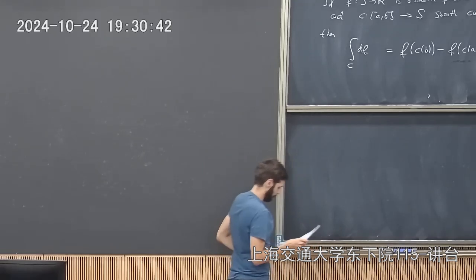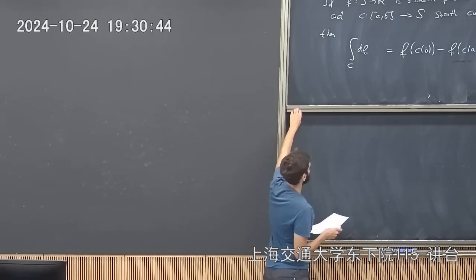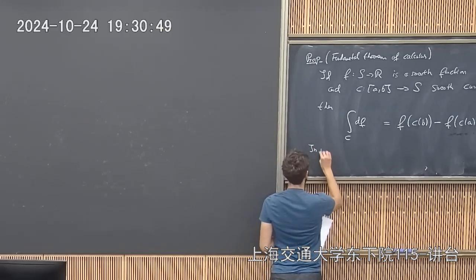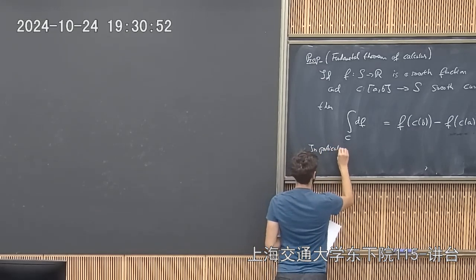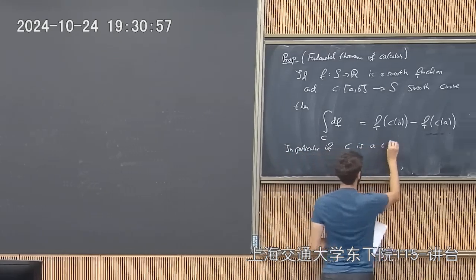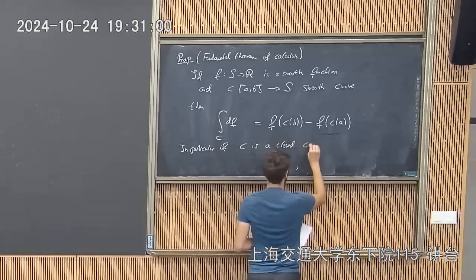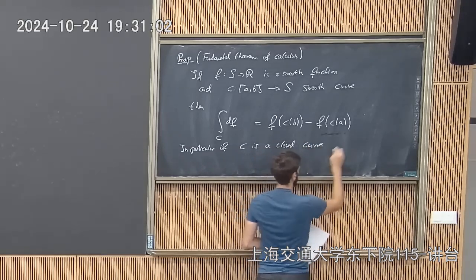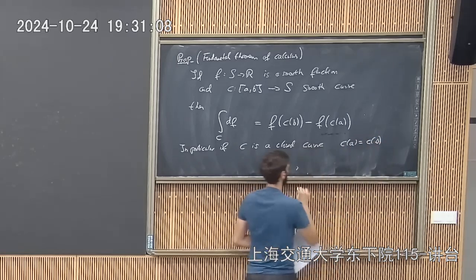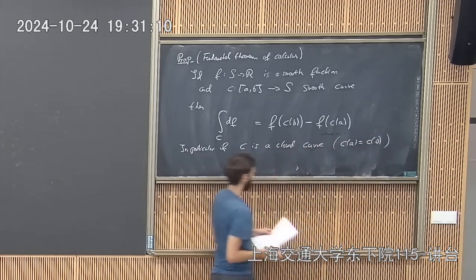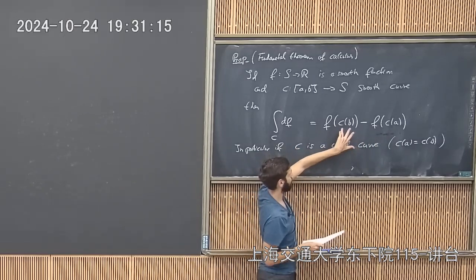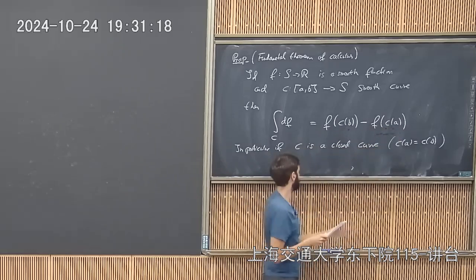So let's see the proof, or maybe before we say something more, in particular, if C is a closed curve, so that means that C of A equals C of B. In that case, the right-hand side is always 0, because then this point and this point are the same.